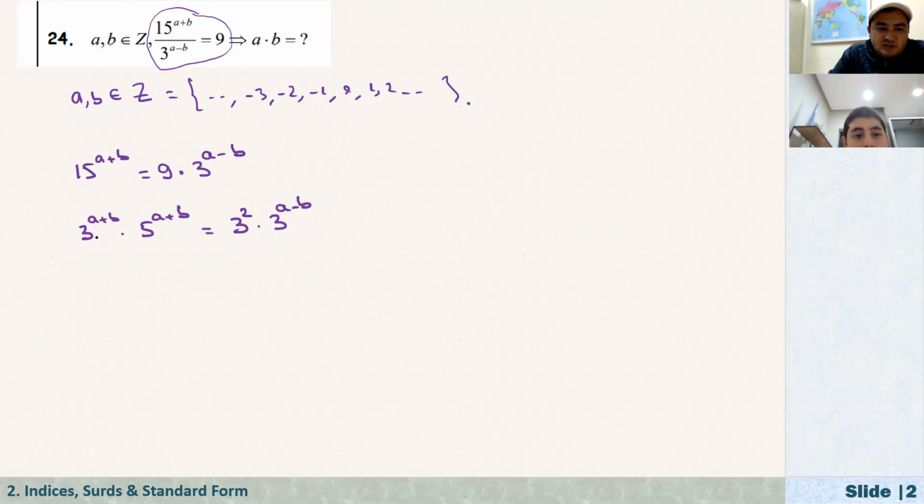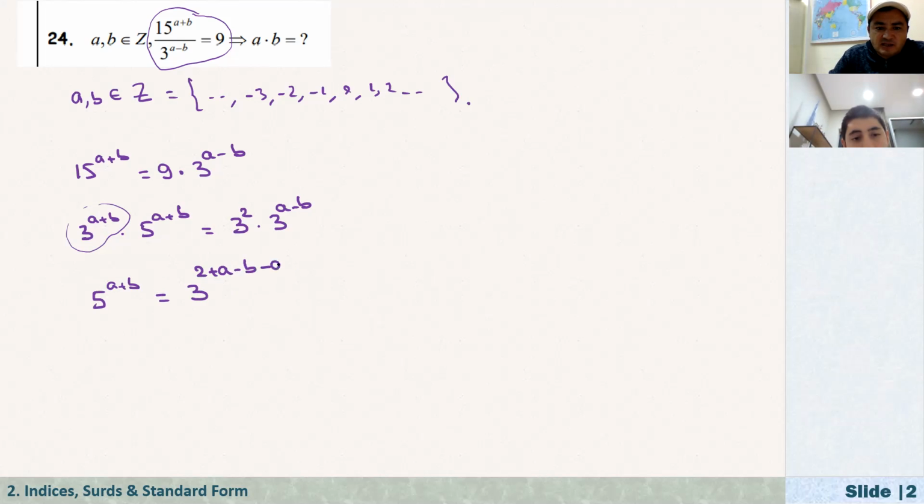Or I can just divide both sides by 3 to the power of A plus B. Then here we have 5 to the power of A plus B is equal to 3 to the power of 2 plus A minus B, and we are just taking it to the right-hand side.